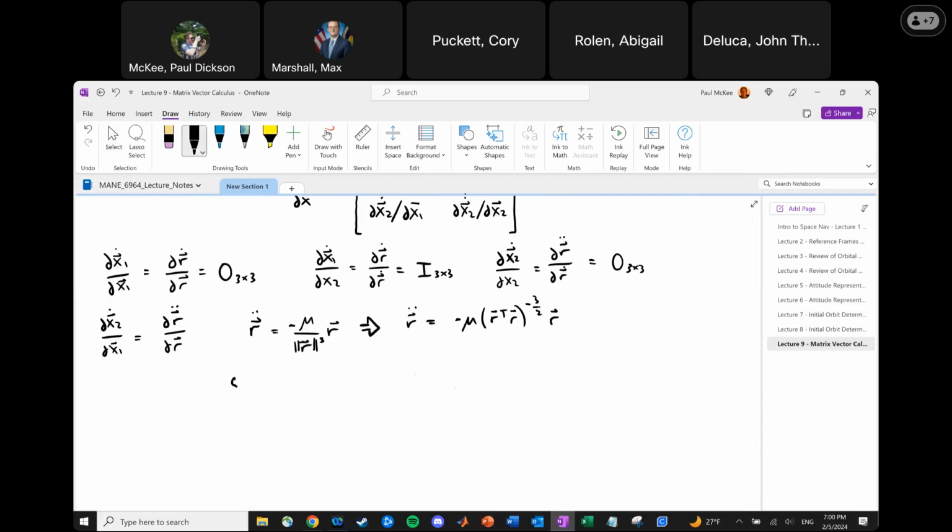The derivative of r double dot with respect to r is going to be, okay, we got some chain rule stuff going on and some multiplication rule stuff going on. This is going to be a little bit ugly. So one thing at a time. First, it's going to be negative mu times negative 3/2 r transpose r to the negative 5/2 times whatever the derivative of the interior would be.